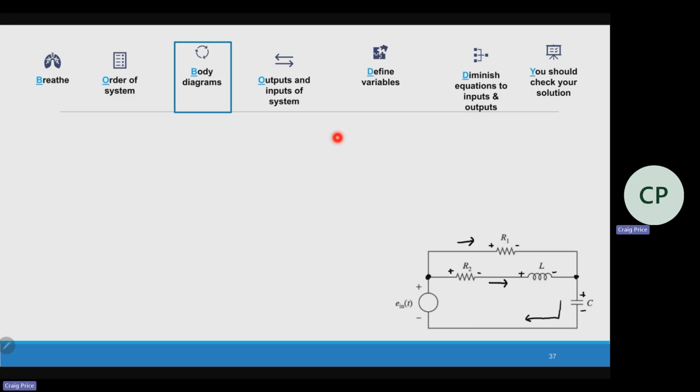So in total I've got 3 different currents, and I can call them whatever I want. What do you want to call this current right here? I1, okay. What about this current? IL makes sense to me because that's the current going through the inductor. And this last one, C. Makes sense.